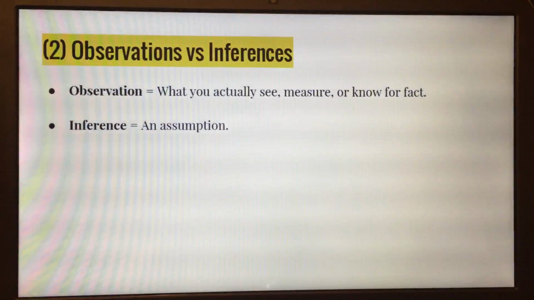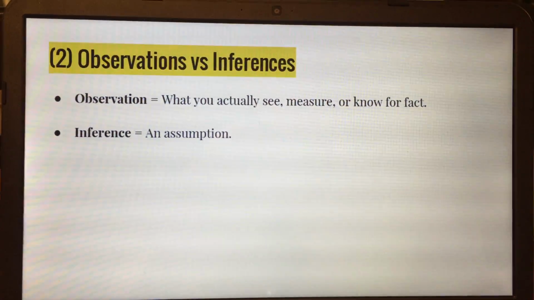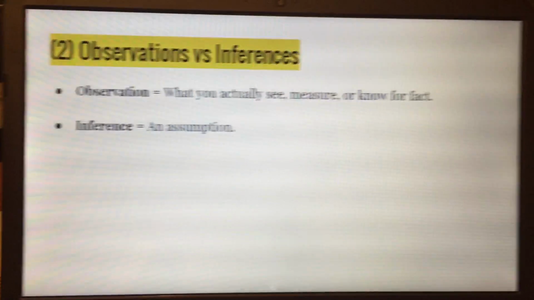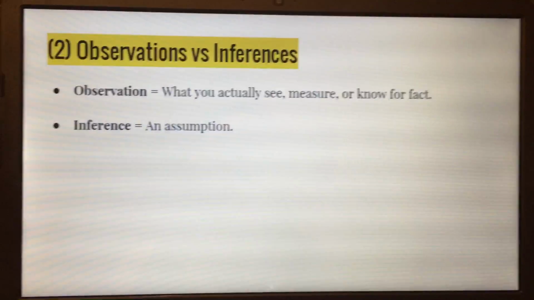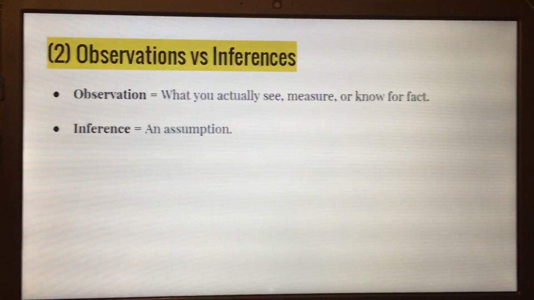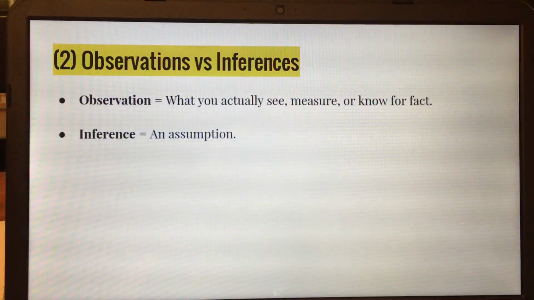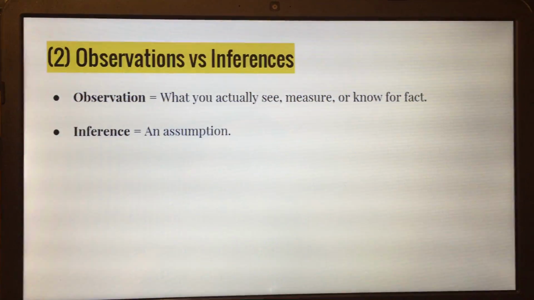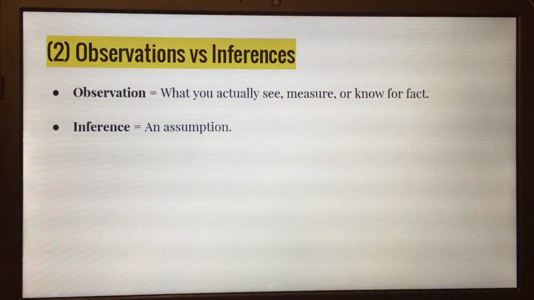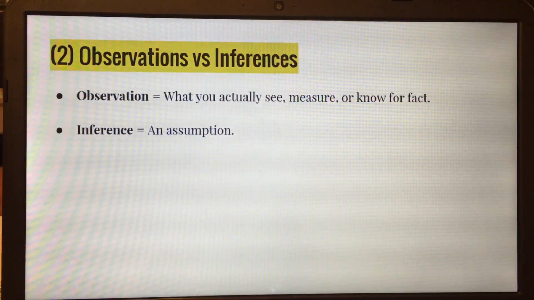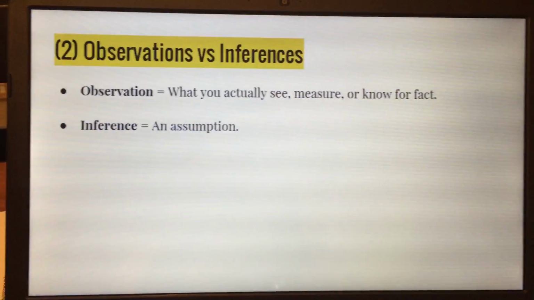So the first part of the scientific method is making some sort of observation. And we want to make sure in science that we are always making observations and not inferences. An observation is something you actually see, measure, or know for a fact. An inference, however, is an assumption. Just something you randomly pulled out of thin air.